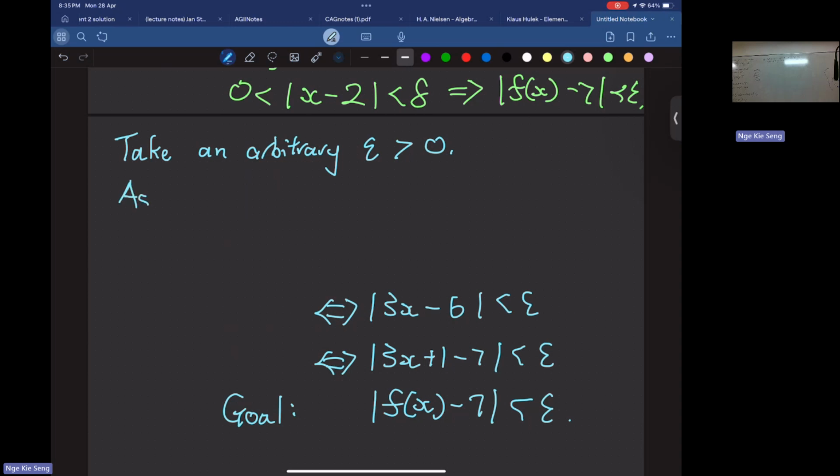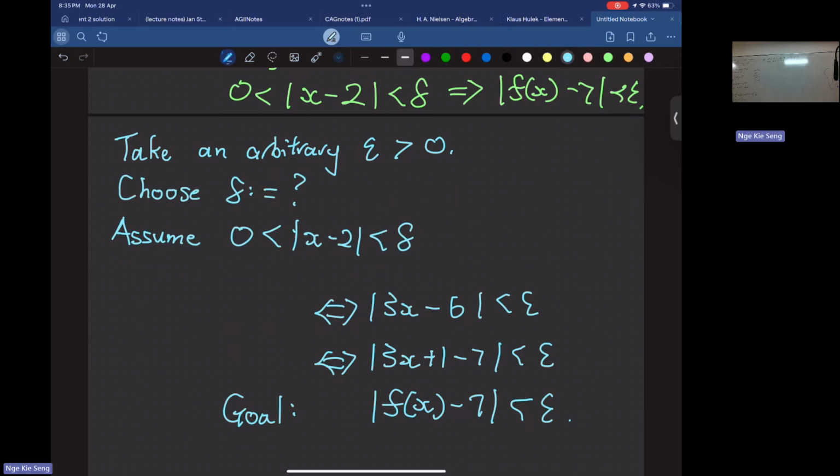You can control your x minus 2 less than some delta. But this delta you need to pick. You need to choose one. I'm not sure what to choose yet, but I need to reach the goal.